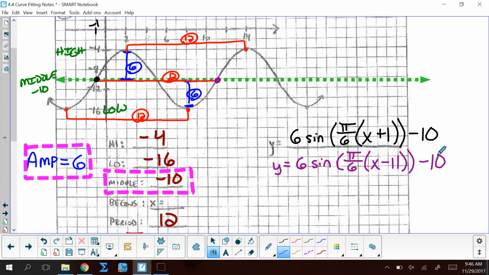But what if I don't want to start there? What if I want to start right there? Now what has to happen? Minus, that's 5.